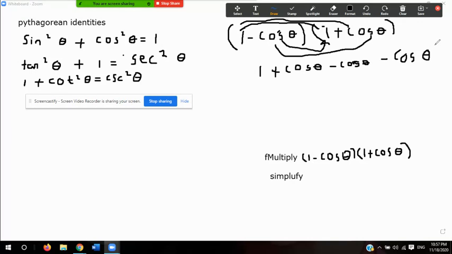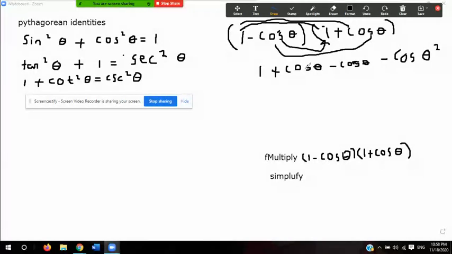Now we are going to work with the functions. So we have the plus cosine of theta and the minus cosine of theta, so these two cancel out.